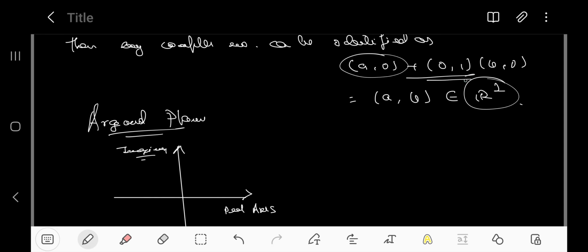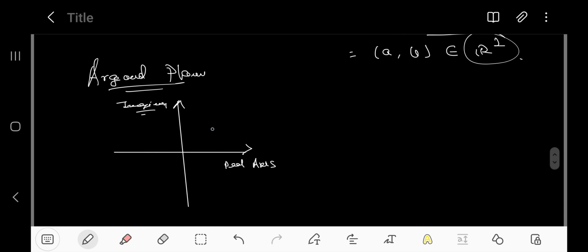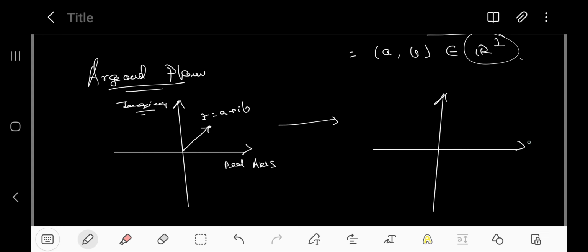You can easily notice this from here. So if I have this complex number z equals a plus ib, it is nothing but the coordinate in the R2 plane. So if this is the R2 plane, it is the coordinate (a, b), right? Clear?